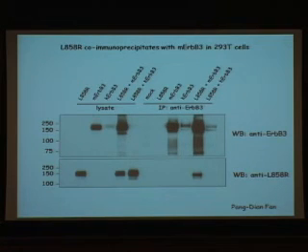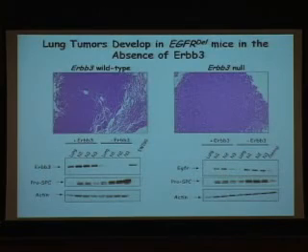And when we transiently transfect cell lines, if you look at this lane here, you see that when you immunoprecipitate with an antibody to ERBB3, you pull down ERBB3 and you also pull down human L858R. So the results that we're seeing in vivo are not just because of an artifact.